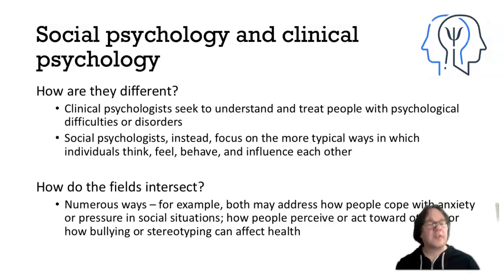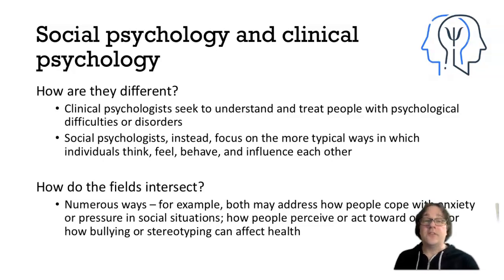So clinical psychologists are more concerned with the deviations from the norms. Social psychologists are more interested in how do we typically interact, right? What are the more common ways or the usual ways, for lack of a better term there? And how do these fields interact?